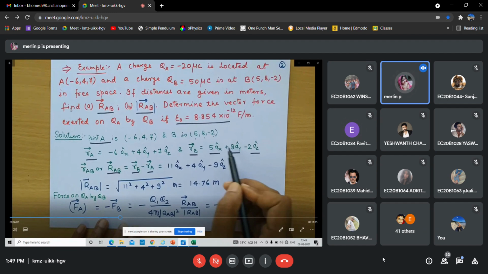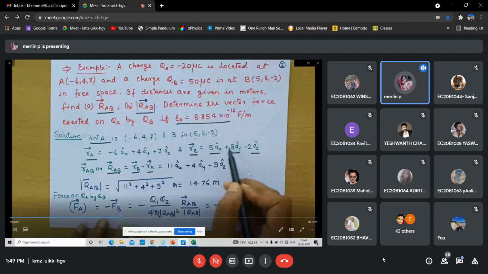Okay. Then you have to find out the magnitude of RAB. Whenever they have given something in vector form, you have to find the magnitude. This is the basic form. You have to take the square root, and inside the square root you have to square the coefficients of AX, AY and AZ.